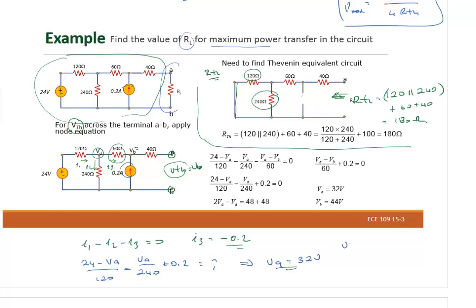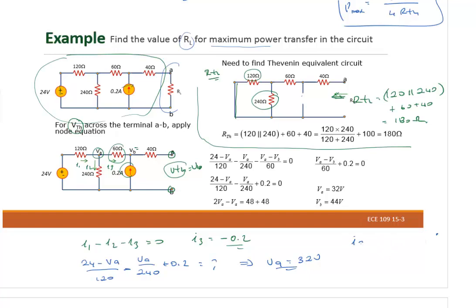To find VB, we know that we can write I3 like this. We can say VA minus VB. Let me make a correction right there. One more time.